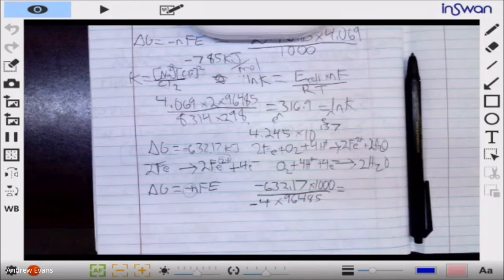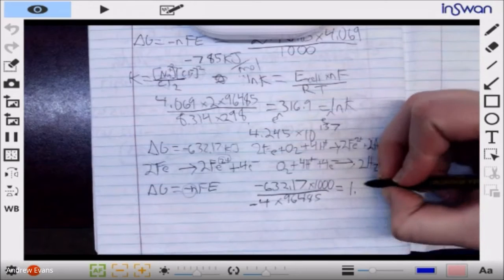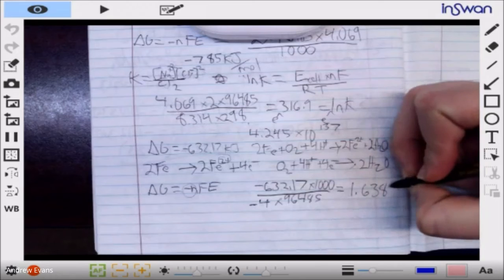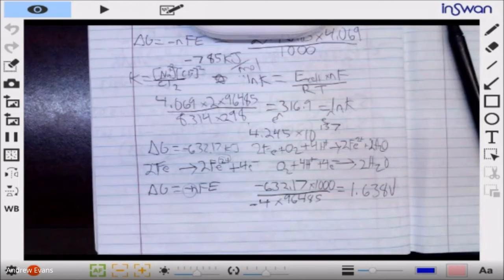So calculating this, what is our cell potential for this perfectly natural reaction? We would have a voltage of 0.638 volts. Now we should be able to relate these two together with very little problems.